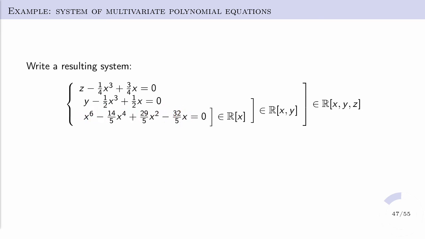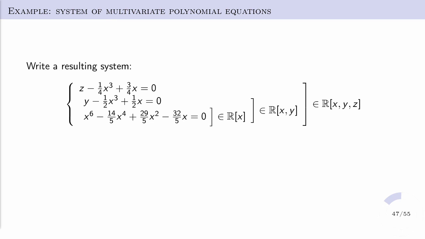If we intersect this Grobner basis with the ring of bivariate polynomials R[x,y], then we get these two polynomials that depend on x and y alone. They do not depend on z. We eliminated z from here. And then finally we have the whole Grobner basis which depends on x, y, and z.